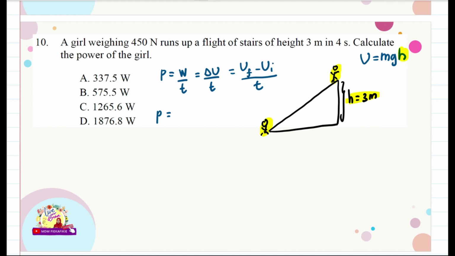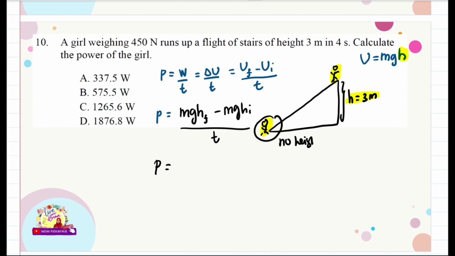So mgh final minus mgh initial over T, which is given as 4 seconds. So we can calculate the power. Mgh initial is zero, because initially there is no height.